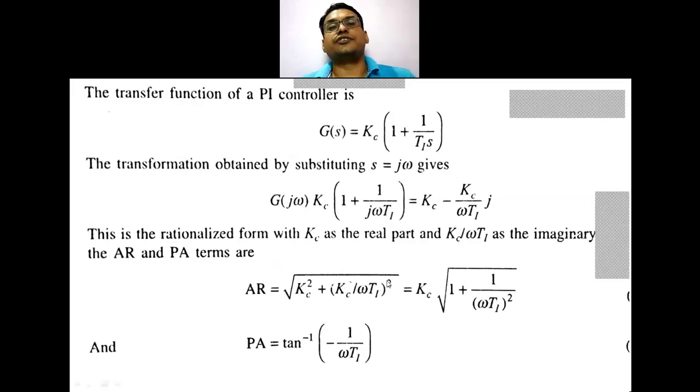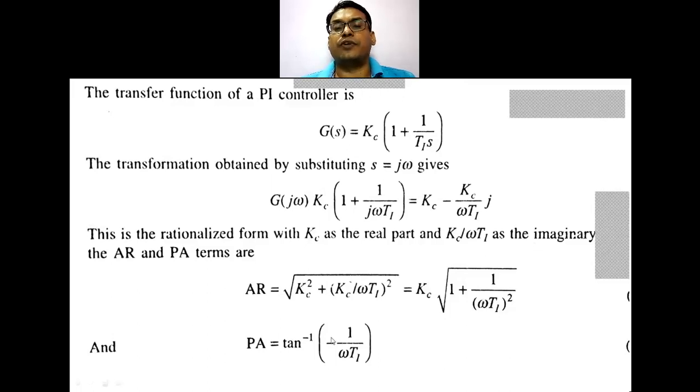The next is the transfer function of the proportional integral controller. So the transfer function of the proportional integral controller G(s) is equal to Kc into bracket 1 plus 1 upon tau 1 s. So substituting s equal to j omega, that means we are converting this transfer function in terms of a complex number and then separating the real part and the imaginary part. So the amplitude ratio comes as Kc under root of 1 plus (1 upon omega tau 1) square.